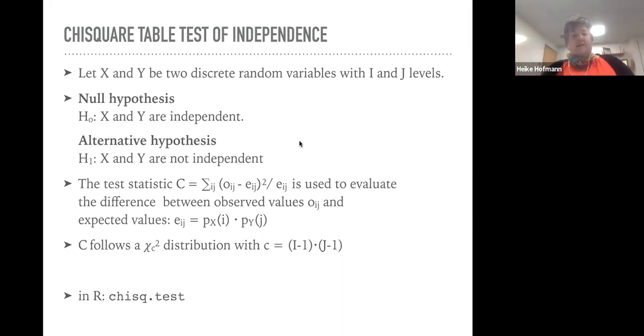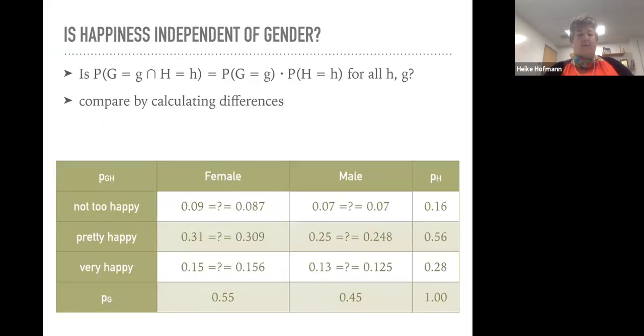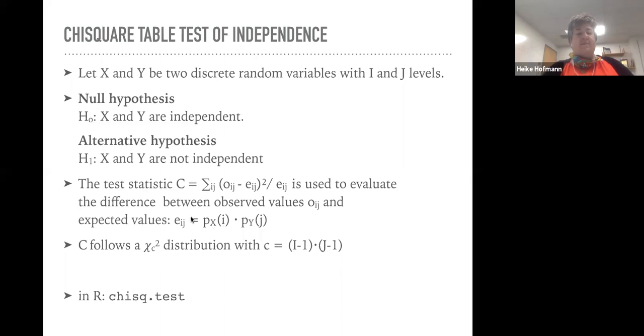And under that assumption, we get expected values. So we would expect, if this null hypothesis is true, that the probability that X is i and Y is j is given as the product of the margins. That's our expected value.